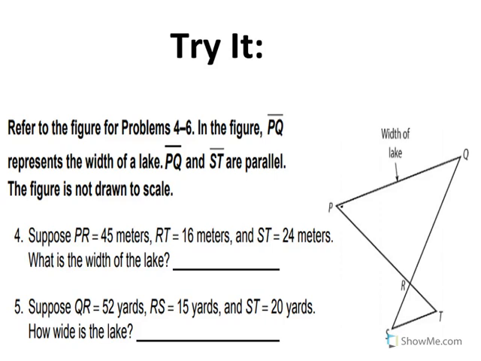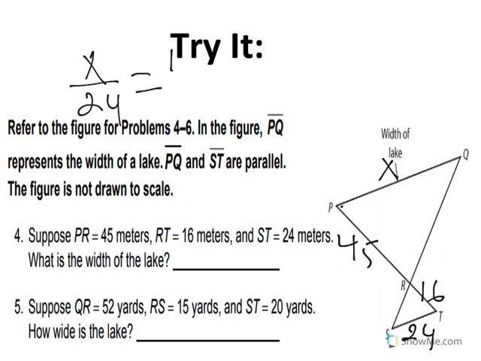Okay, so we're given that PR is 45 meters, so label PR as 45 and TR as 16 and ST is 24, and we need to solve for PQ, so we can call that X. So we can use our proportion, so we can say X over 24 equal to 45 over 16.